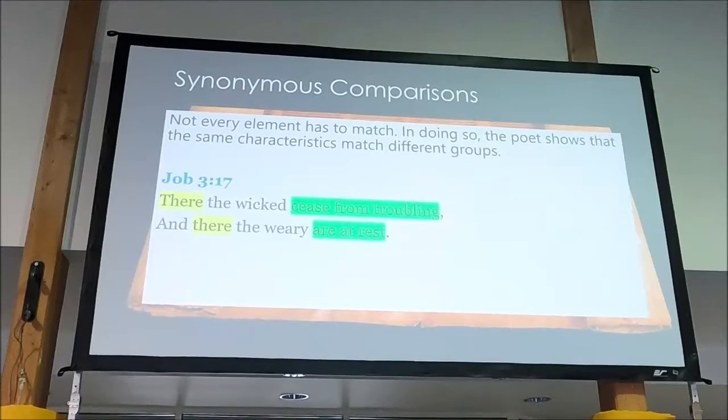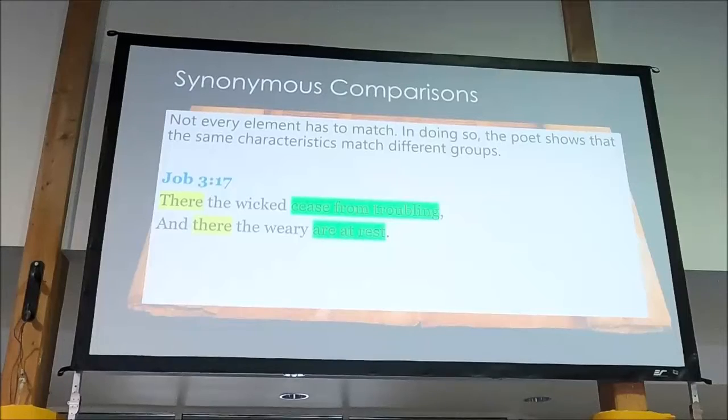But notice not everything has to match. Okay. Now, between the wicked and the weary, there's a reason for it. I need to get further into this discussion to talk about how those are related to each other. Okay, but I want you to see at least there's synonymous pairs in here. So everything doesn't necessarily have to match.